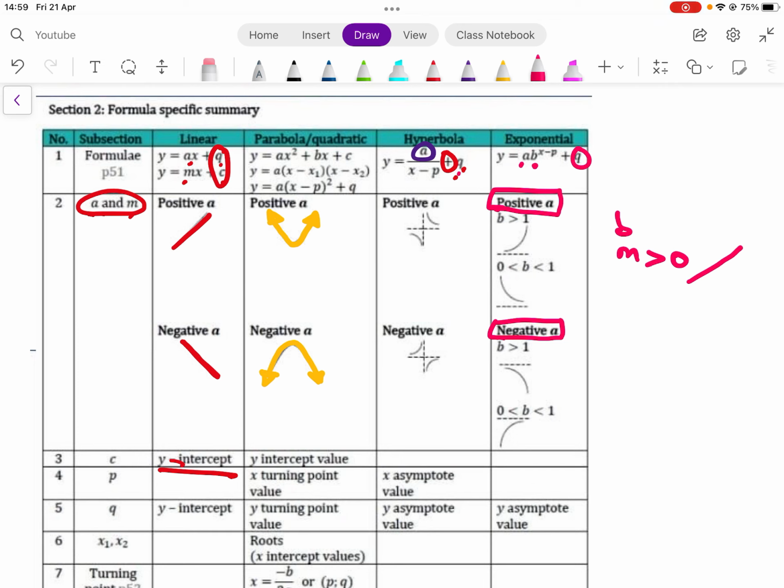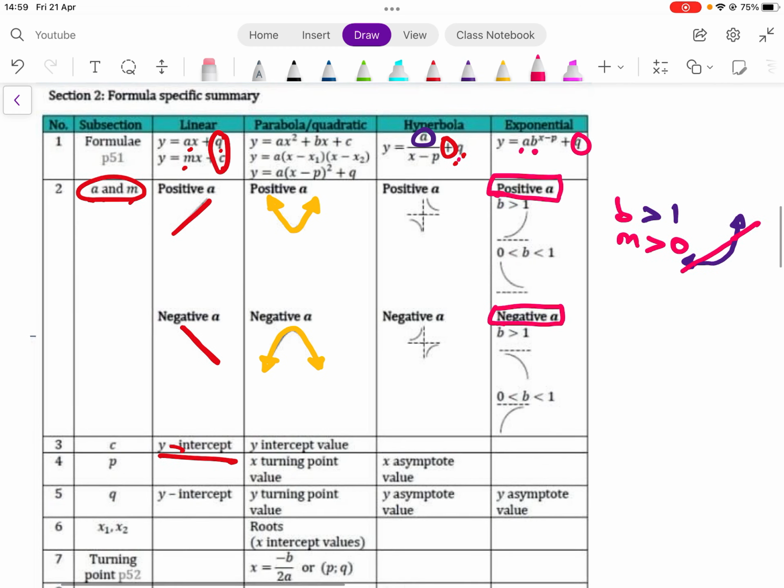So I treat B as M and 1 as 0. So with B being greater than 1, I will then know that this is going to be the shape. It's just my way of memorizing the shapes, basically. You can either take it, but if you have your own way, it's fine.